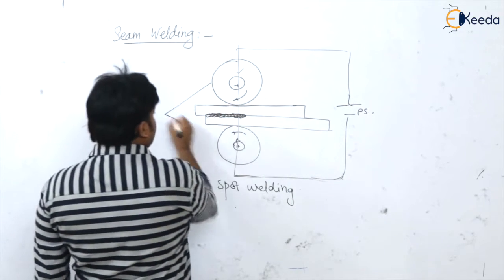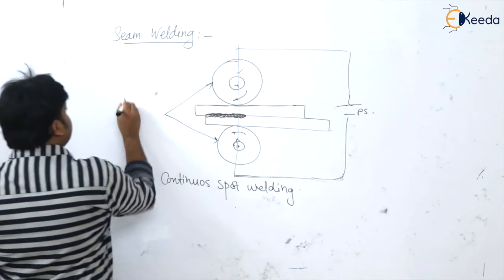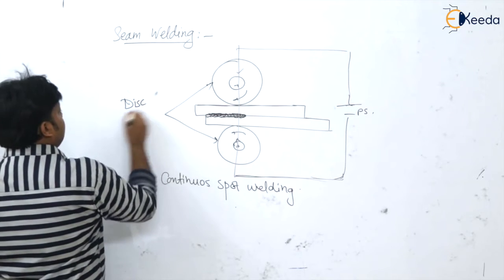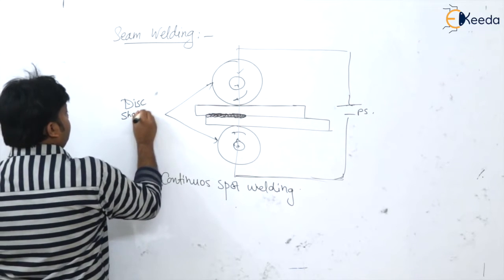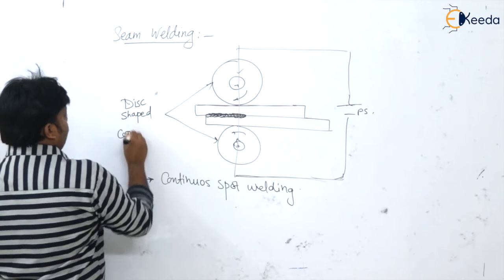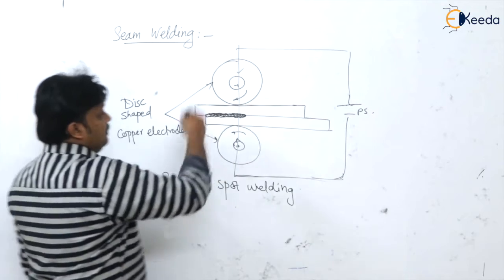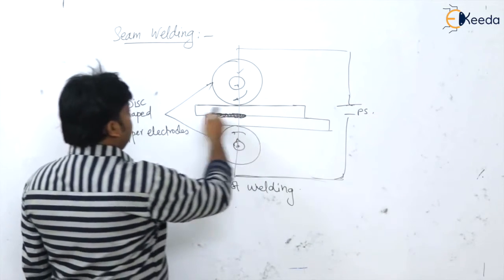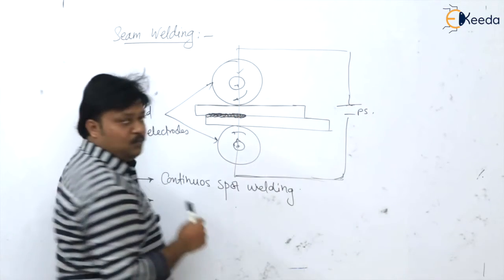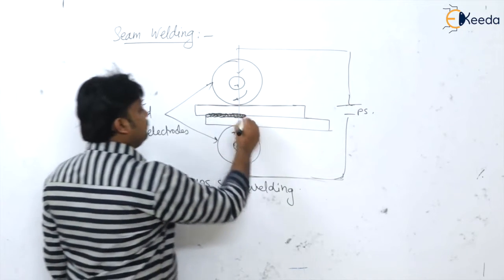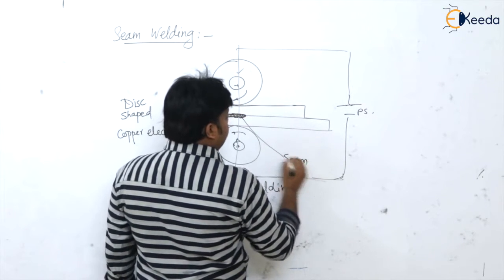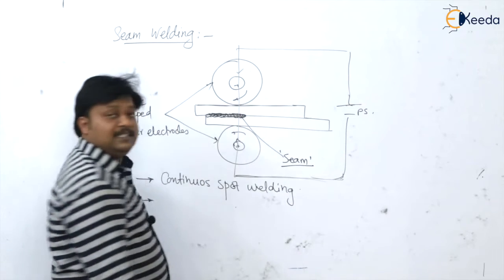And these are the disc shaped copper electrodes which are rolling continuously, and we are producing continuous spots, which is nothing but the seam. This is seam welding.